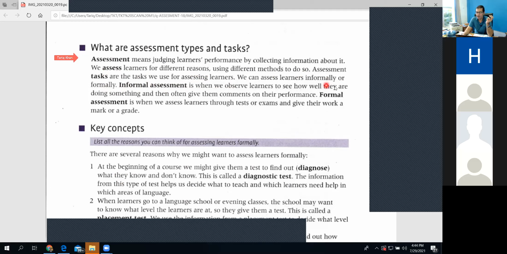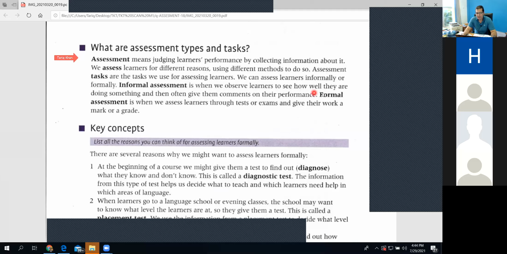We can assess learners informally or formally, so there are two types. Informal assessment is when we observe learners to see how well they are doing something and then often give them comments on their performance. We don't give a test or paper, marks or grades; we just observe and tell them feedback orally, like whether it was good or you need to improve.